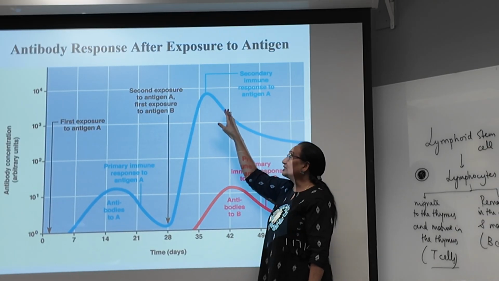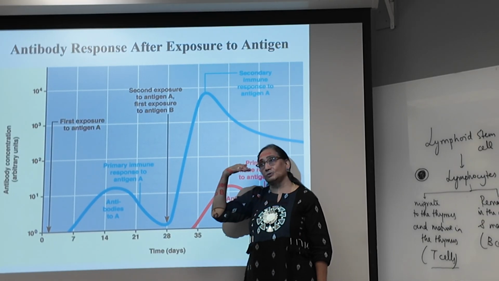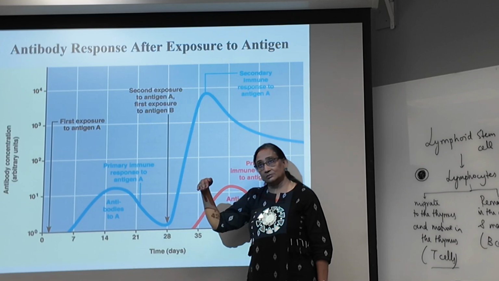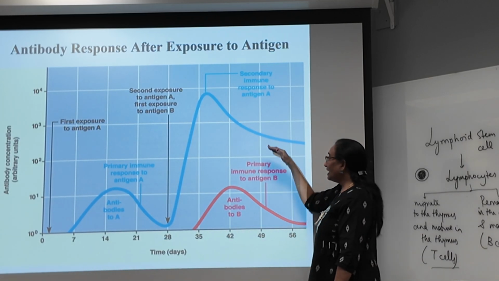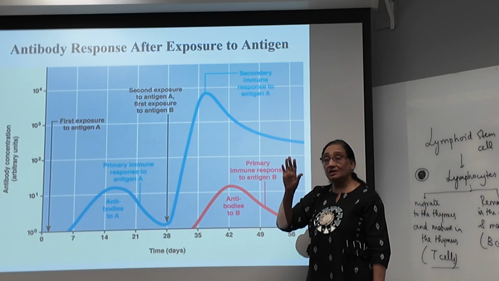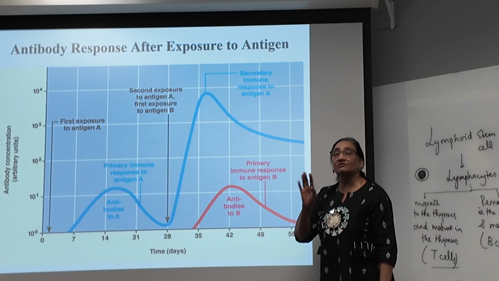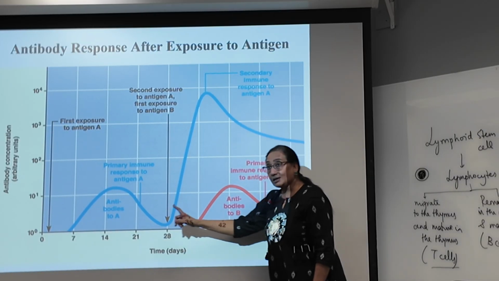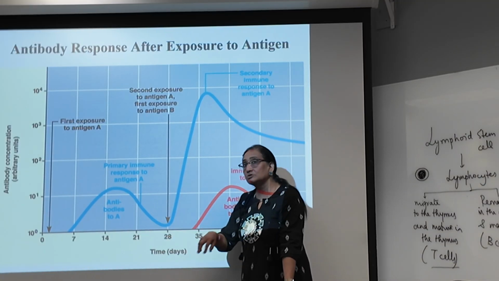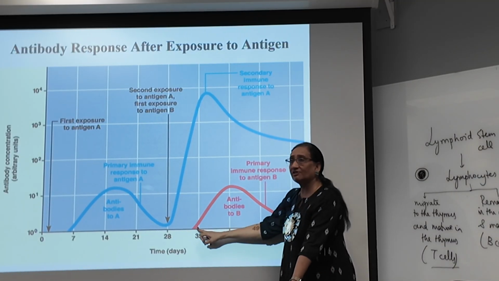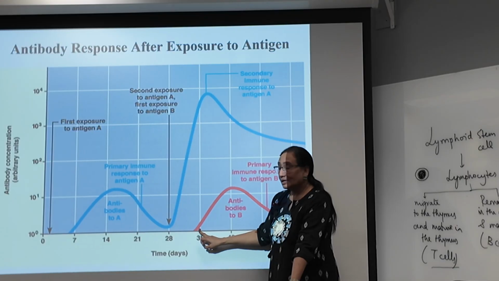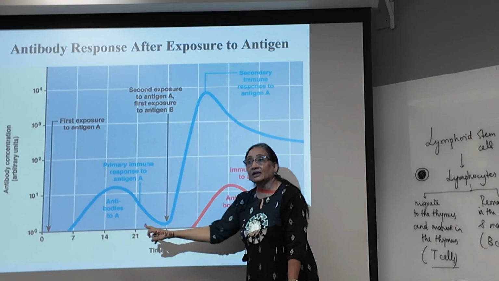And then as the infection subsides, the antibody levels will come down. You may still have some circulating antibodies, which will tell you that this person has been exposed to this infection. But let's say this child is exposed to a second new infection. Same process again.